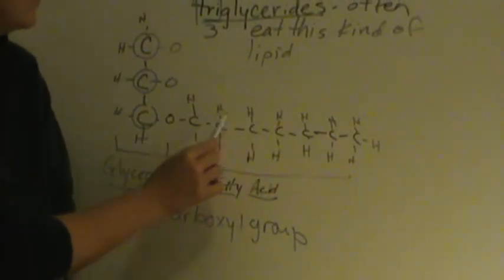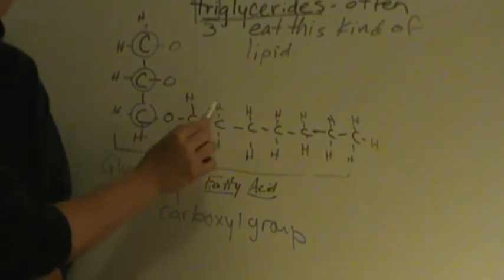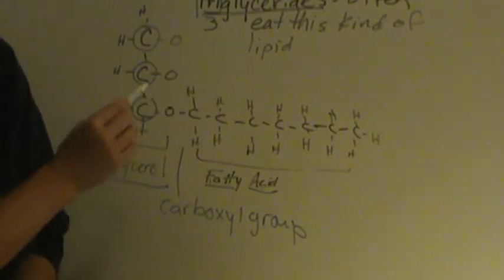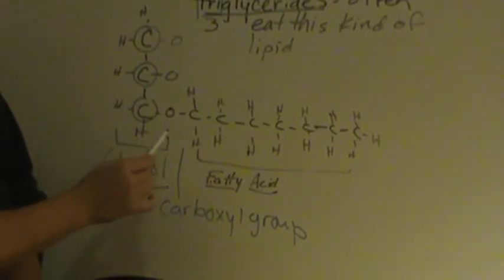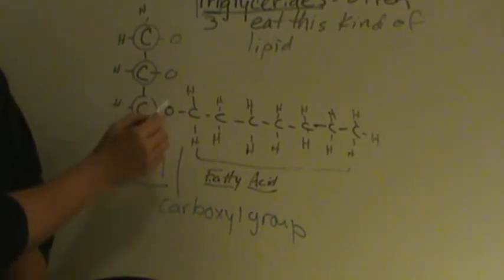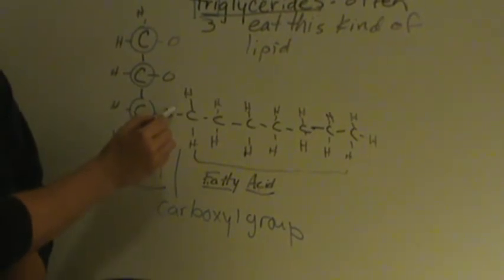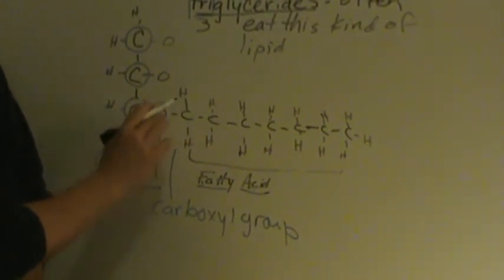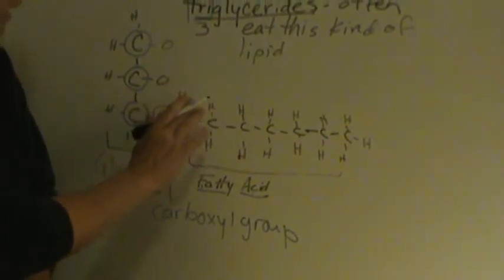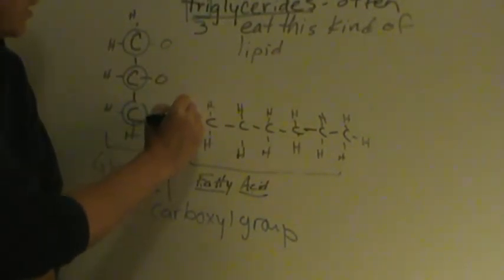So you have a fatty acid chain, which is a hydrocarbon chain, made of carbon and hydrogen, and that is connected to the glycerol through a carboxyl group. So we have this oxygen here, we need to have this carbon with a double bond to oxygen.